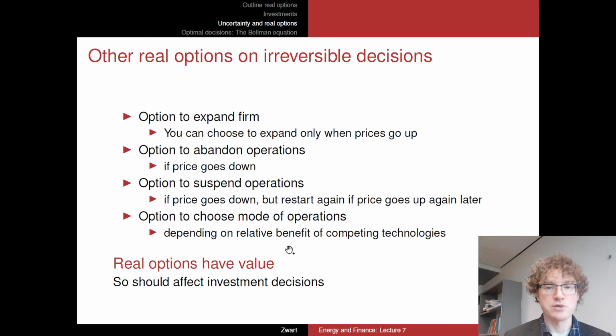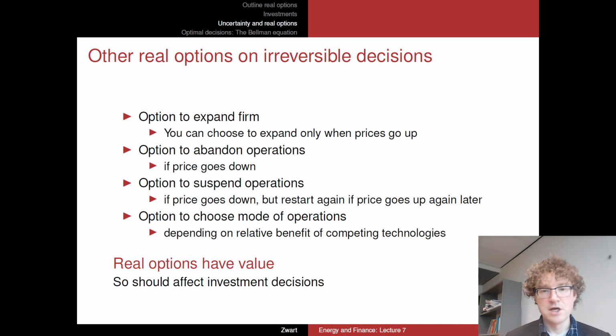Sometimes you have the option to choose the mode of your operation. If your plant can operate using different technologies, you might have the option to switch at some future point if some competing technology becomes more profitable at that point in time.